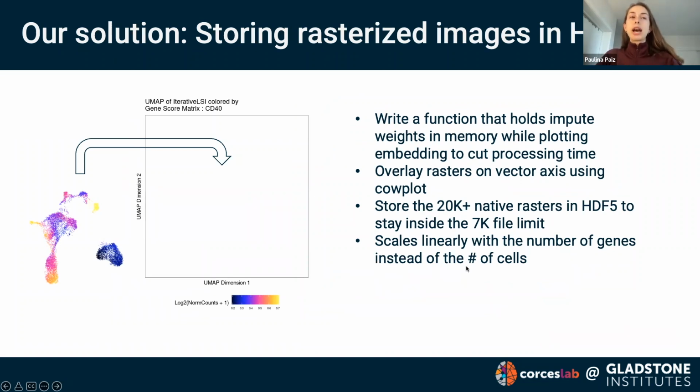One thing we had to keep in mind for all these solutions and limitations that we had with ArchR and shinyapps.io was that we wanted algorithms that scaled with the number of genes and not with the number of cells, because the number of genes is predefined. We know what the upper limit will be, versus the number of cells.